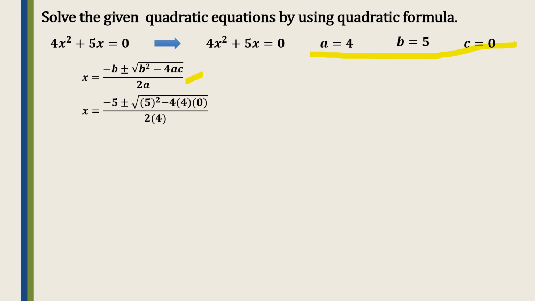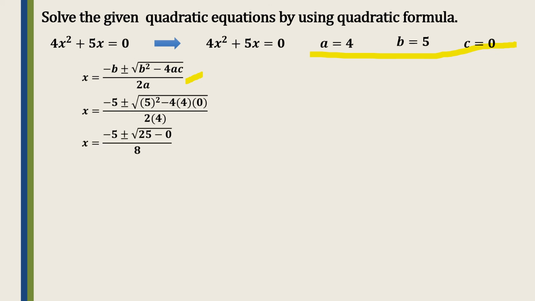Magkakaroon tayo ng x equals negative 5 plus minus the square root of 5 squared minus 4 times 4 times 0 all over 2 times 4.